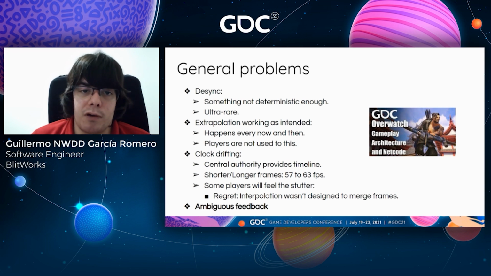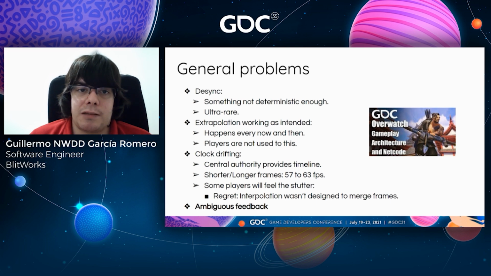It has been brought up in multiple GDC talks, and it's something that most people, including us, find unacceptable. Unfortunately, this can happen in rollback and propagation under certain circumstances. Also, clock drifting of machines that don't meet the requirements was quite a problem and is quite a problem.